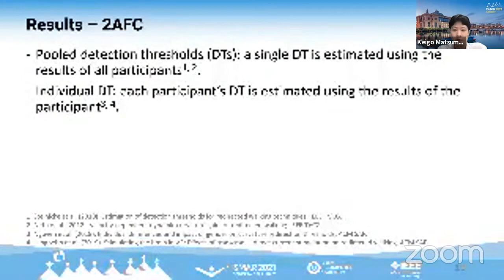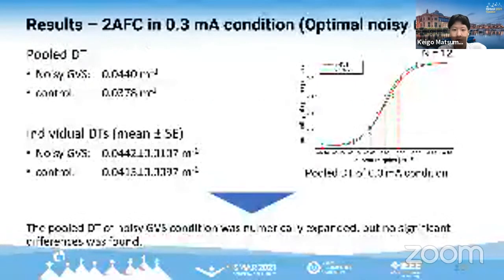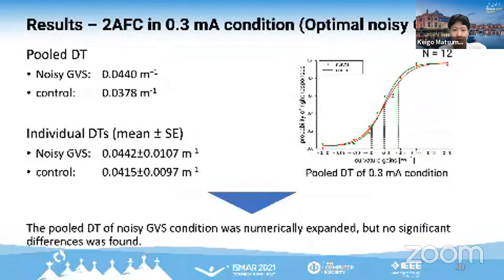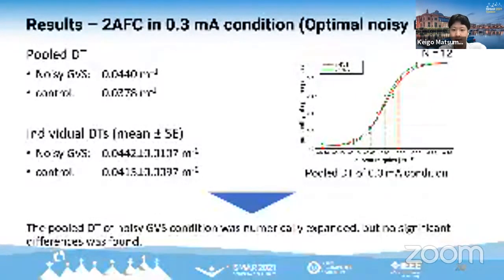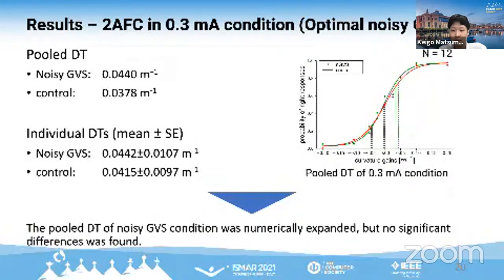Here are the results of the two-alternative forced choice in the 0.3 milliampere current condition, so optimal noisy ZBS. In the noisy ZBS condition, the pooled detection threshold was 0.0440 and in the control condition, it was 0.378.